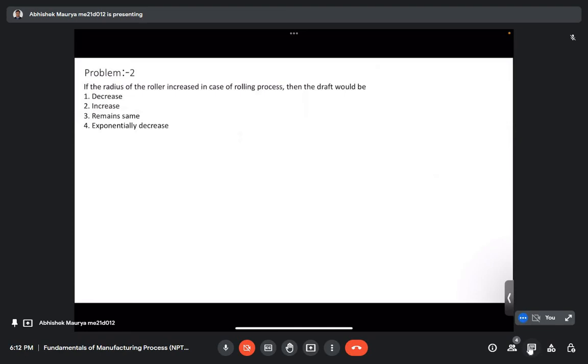In this question, apart from roller diameter, assume everything is constant, then probably you can find the answer. Yeah, I'm waiting for responses.